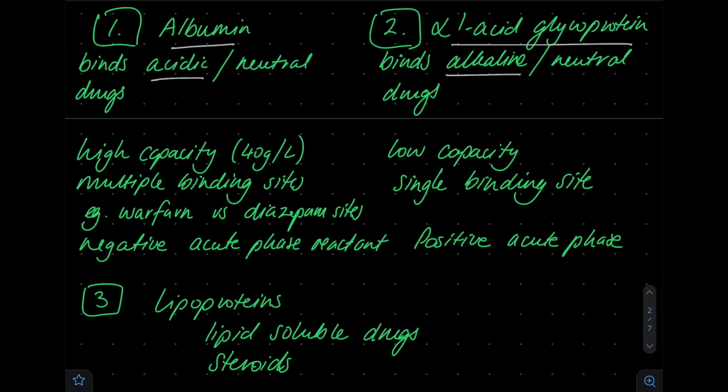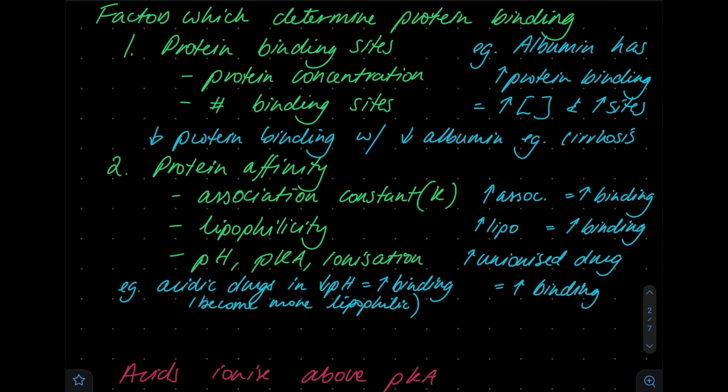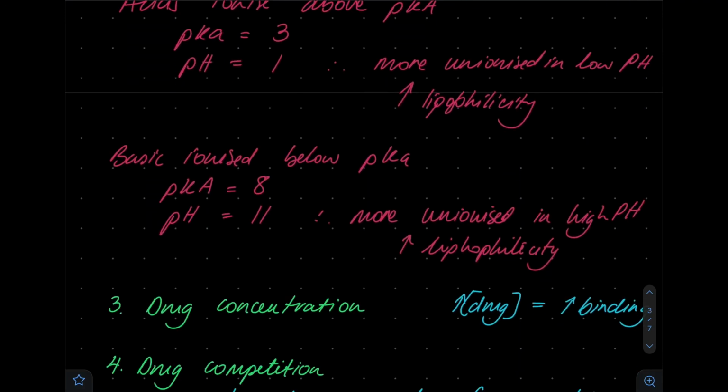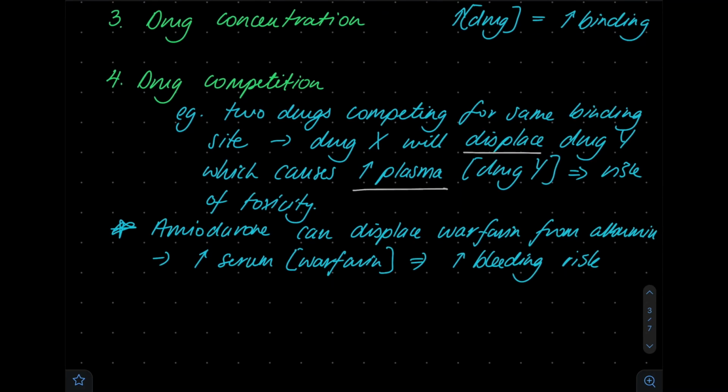Importantly, albumin binds acidic drugs with high capacity and multiple binding sites. We looked at the 4 factors that determine protein binding, including protein concentration and the number of binding sites, protein affinity, including association constant, lipophilicity, and ionization, drug concentration, and drug competition.